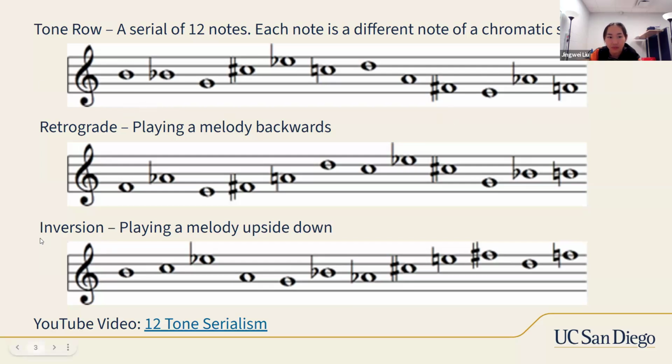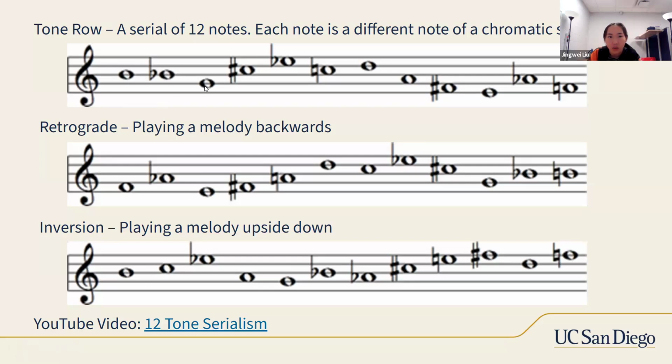And there's also a manipulation called inversion, which means we play the music upside down. Upside down means that we basically mirror this tone roll based on the first note. So we flip this tone roll upside down based on its relative position to the first note.